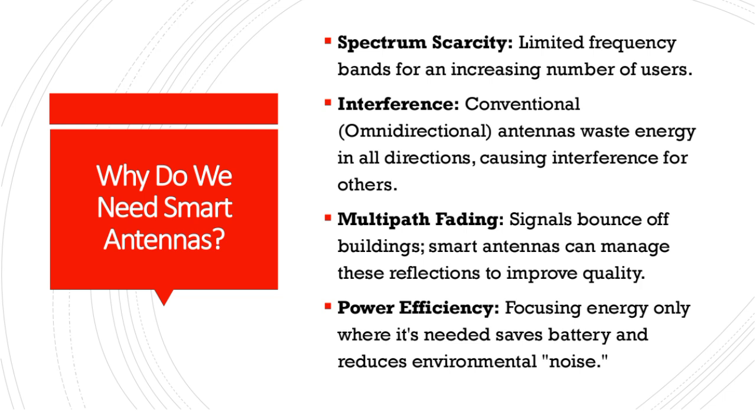The third thing is multipath fading. In multipath fading, signals bounce off buildings, and smart antennas can manage this reflection to improve quality. Already we have discussed this: whenever the signal goes away from the line of sight.